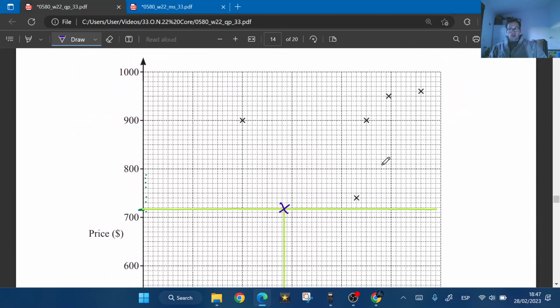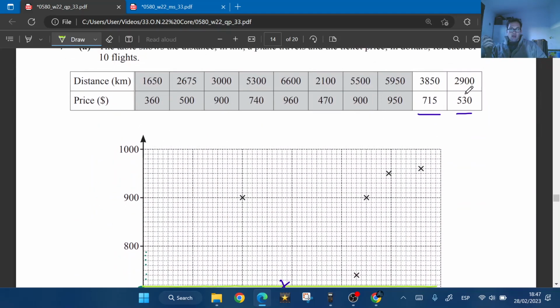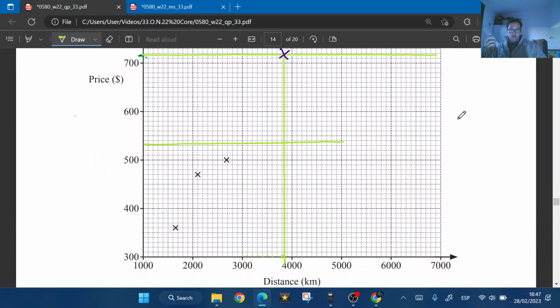Right, next one, 530. Rather than just looking like you guessed it, yeah? Make it easy for them to mark your paper and they will give you marks more easily. Makes common sense. So 530 should be about there somewhere. Oh, my line is a bit crooked. And 2,900.